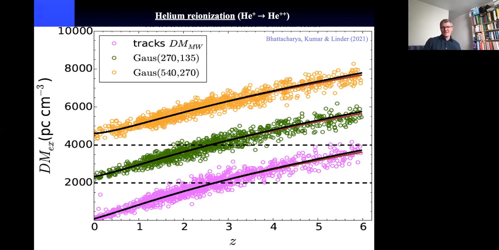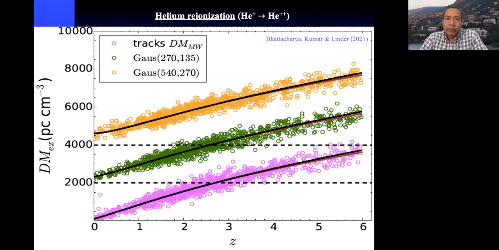And this is simply to show that FRBs potentially can also be useful for helium reionization. Helium singly ionized to doubly ionized helium can be explored. Not easy, it will be difficult. And these are two different helium reionization histories.